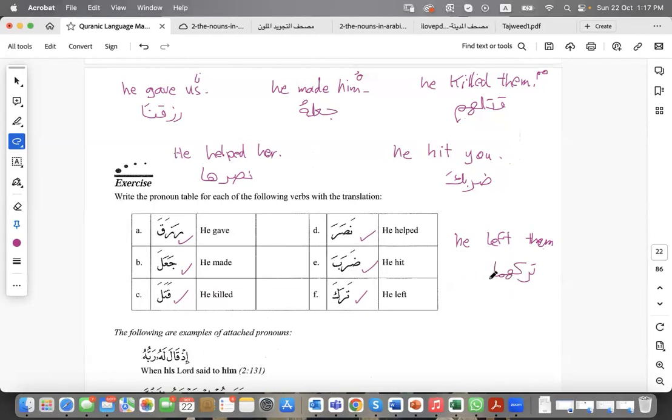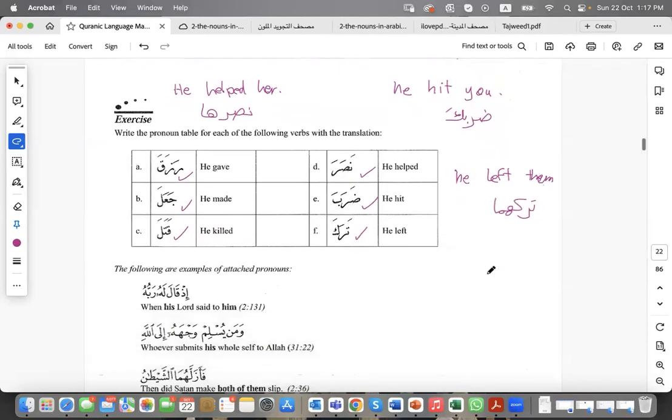You see? So again, these are just guidance for you. I would like you to carry on doing that for all the attached pronouns with every verb of this list.